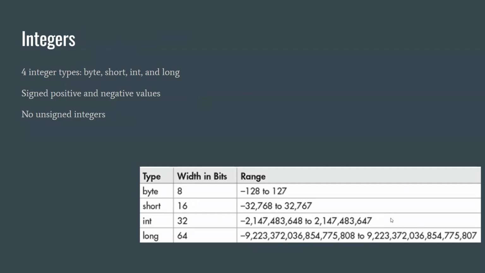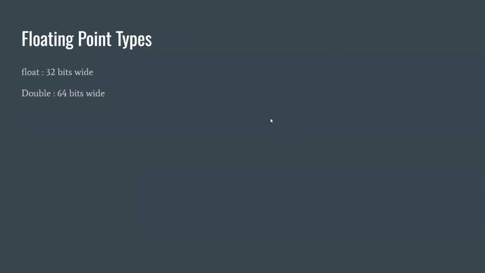If you are from a different language background, such as C or C++, those languages have a way to represent unsigned integers, so this range will only be represented in positive values. But in Java, there are no unsigned integers. That's one thing to keep in mind.